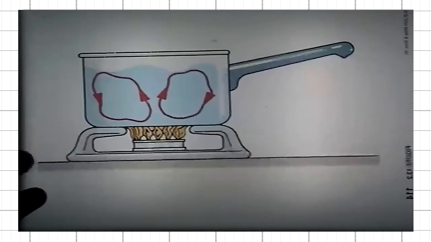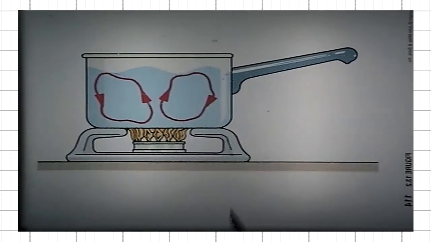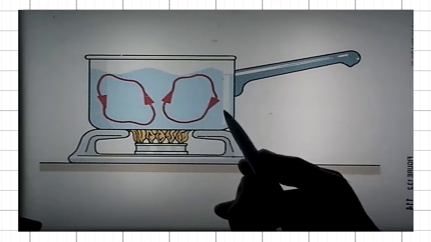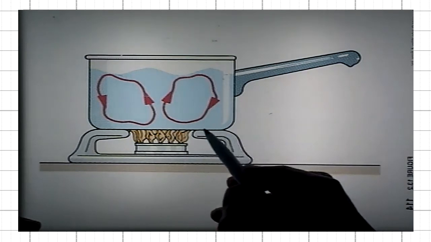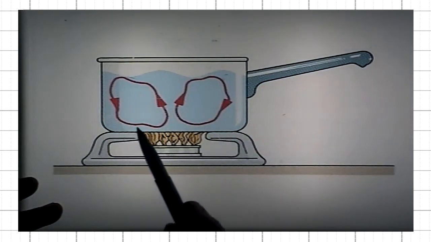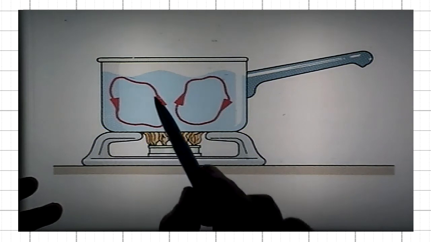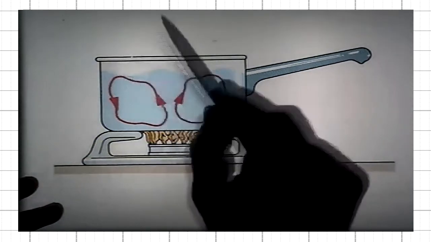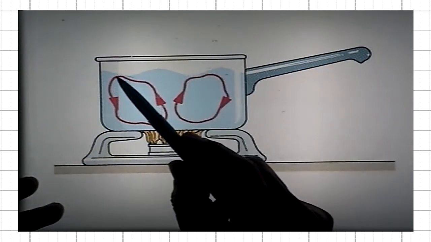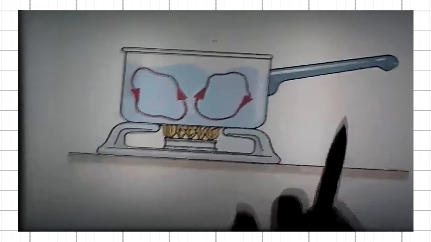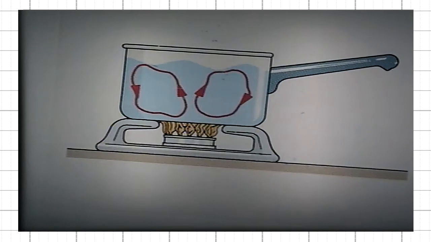When you put the pot of water on the burner, because pots are usually made out of metal since they conduct heat very easily, the water layer next to the bottom is heated up, it becomes less dense, and the buoyancy forces it to rise to the top. It, of course, gives out some energy. The surface cools down, becomes higher density, sinks back in. So here, again, you have these convective currents.